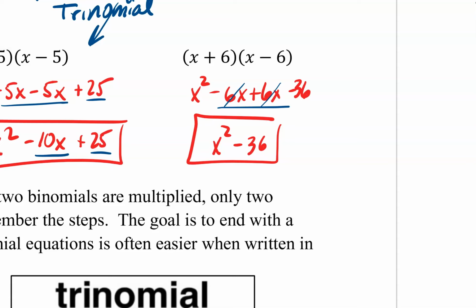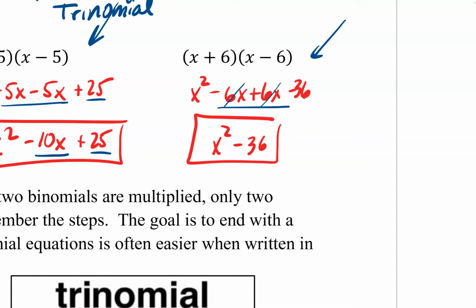And with them gone, we don't have a middle term reported. Sometimes we would call this x squared plus 0x minus 36 because the 2 terms in the middle added to equal 0. But to be honest, we usually don't show this middle term, and we leave it in this format here in the box.